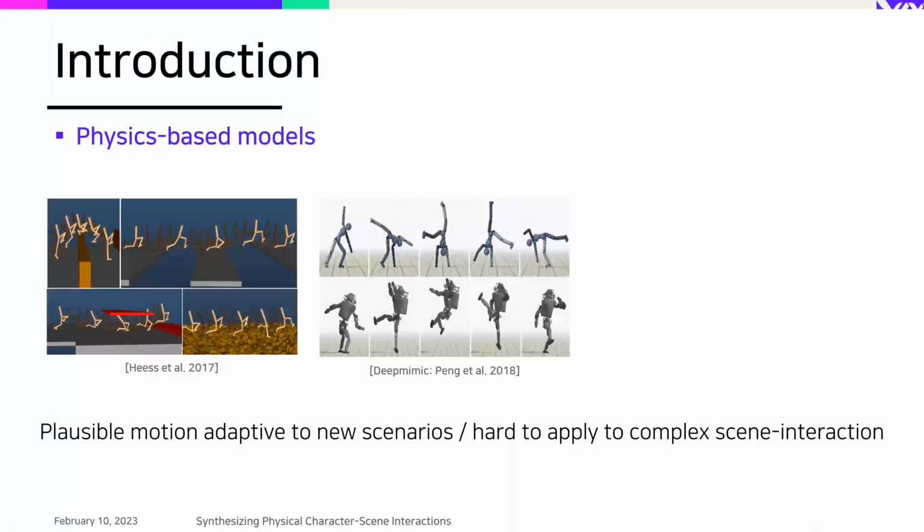Physics-based models using reinforcement learning are better at synthesizing plausible motion adaptive to new scenarios. However, it is well known that designing RL objectives is difficult, and it is also hard to apply to complex scene interaction tasks.